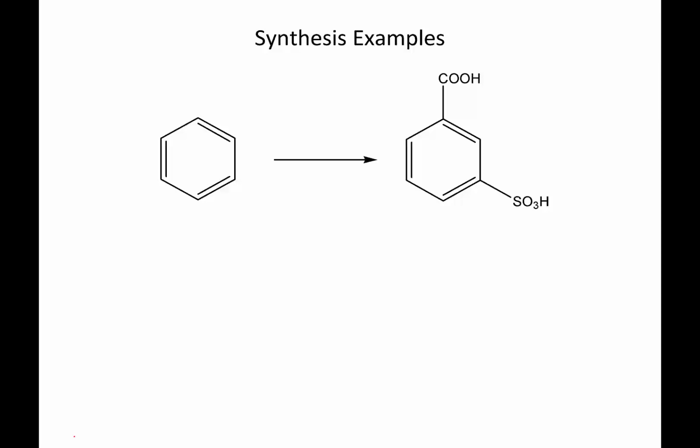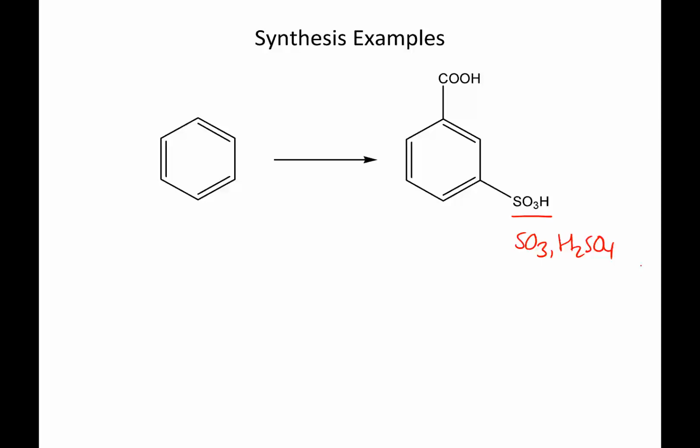So do we know how to put an SO3H group on the ring? Yes, how? SO3 and H2SO4 will put an SO3H group on the ring. If you're sitting there going, I need to know the reagent that fast, that would be helpful.